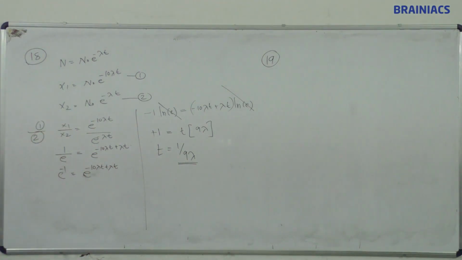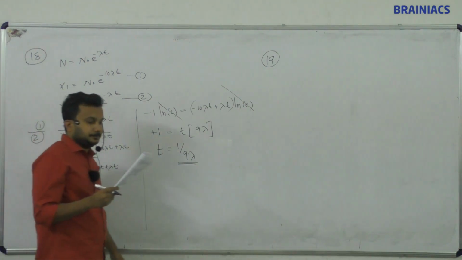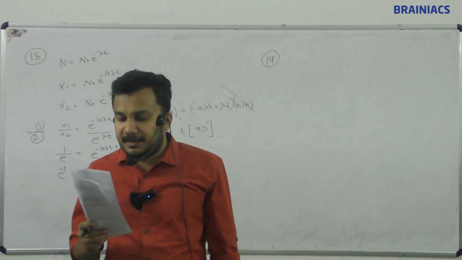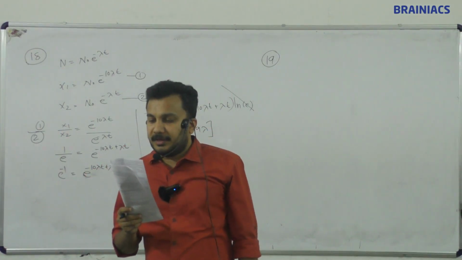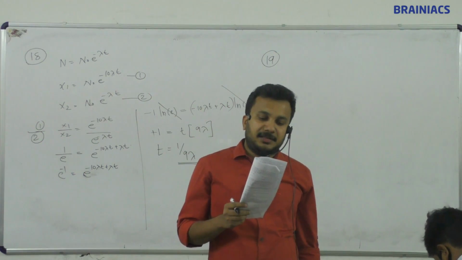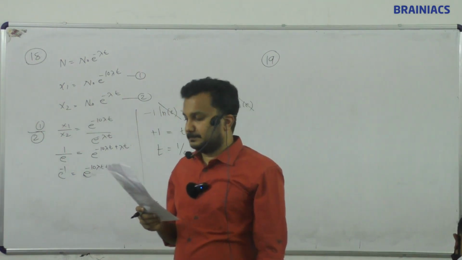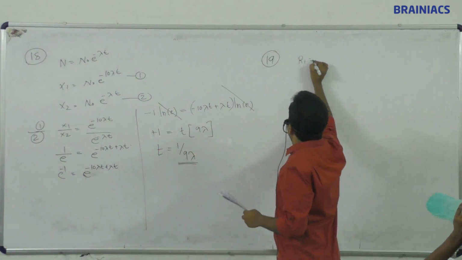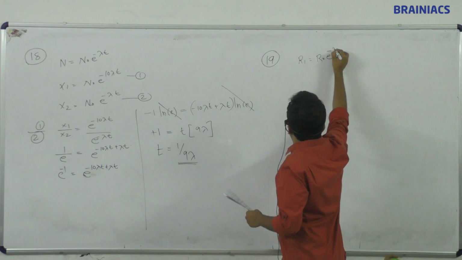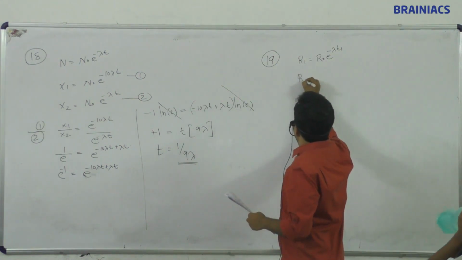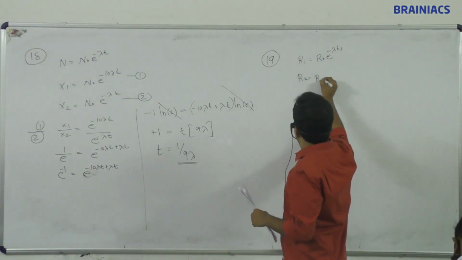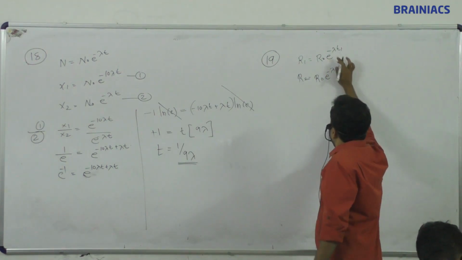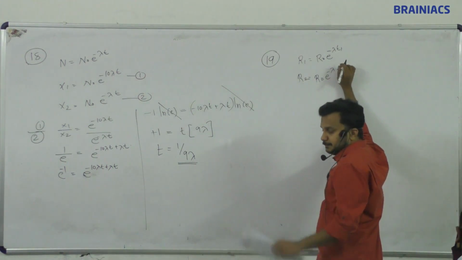In a radioactive material, the activity at a time t1 is R1 and at a later time t2 it is R2. The decay constant of the material is lambda. How to find out? R1 equals R0 into e power minus lambda t1. R2 is equal to R0 into e power minus lambda t2. What are they asking? Lambda.